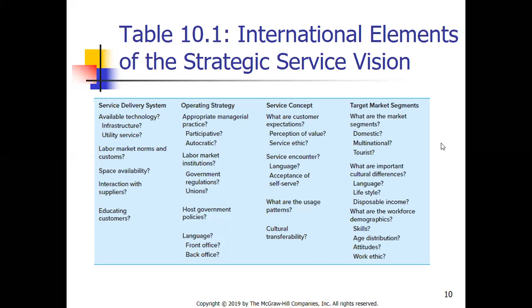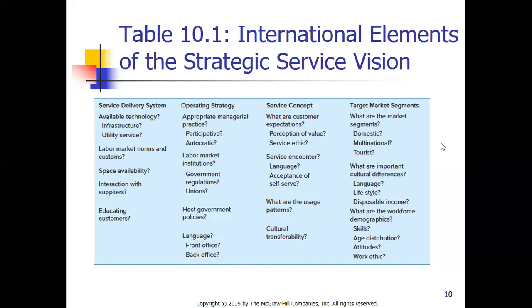So you have to really focus when it comes to the real operation. The service delivery system that you want to offer to your customer has to be linked to operating strategy, service concept, and also target market segment. You cannot be solely focusing on operating and not looking at the other angles.